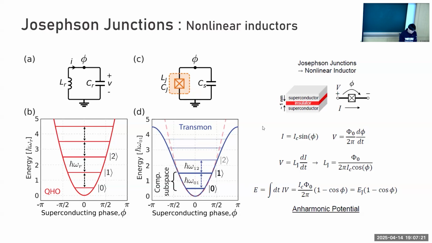So we can use anharmonicity to make qubits. We want to use just the zero state and the one state, so other states are not used in the transmon. This is a good property for superconducting qubits.